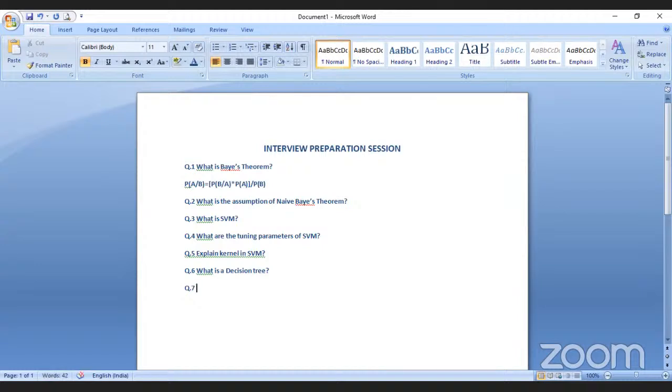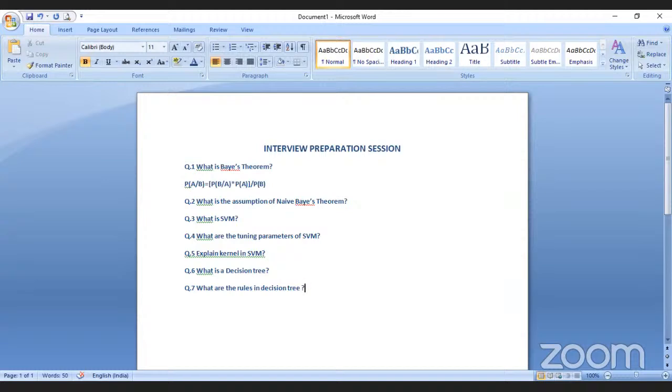What are the rules in a decision tree? The rule is a path from the root node to a leaf node.